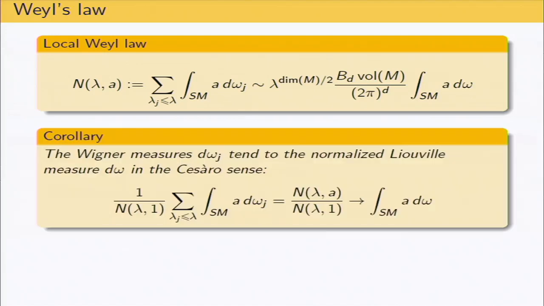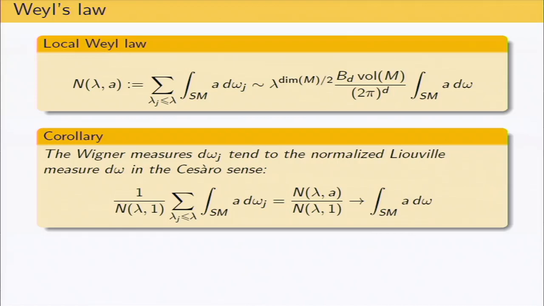One important corollary is that in the Cesaro sense, the Wigner measures tend to the normalized Liouville measure d omega, normalized meaning that total phase space has volume 1 with respect to this measure. So the Liouville measure is the most natural measure you can put on phase space.